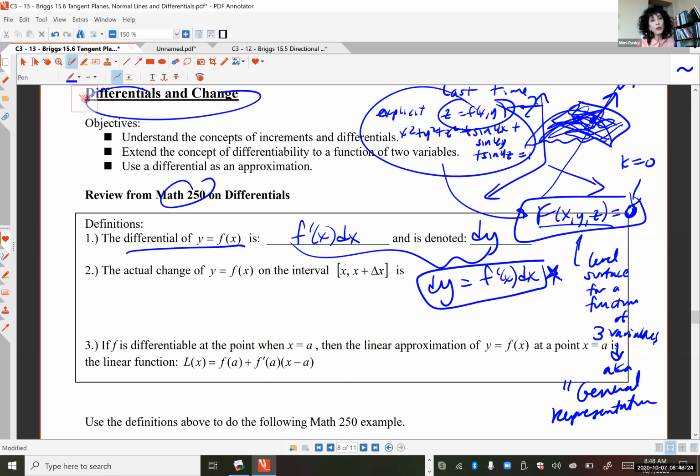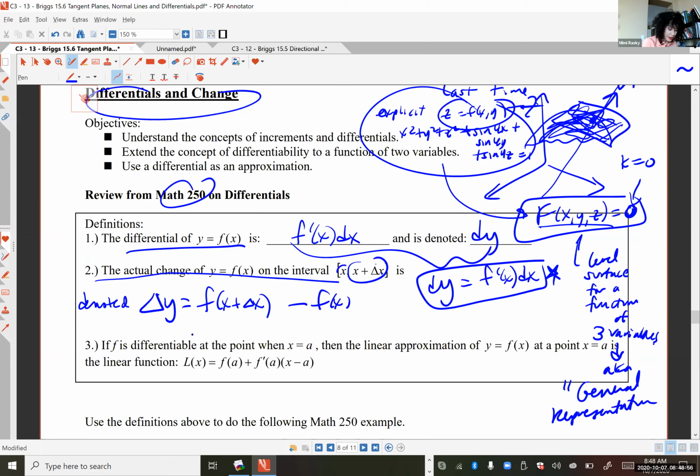Now, what did you use the differential for? You used it to approximate changes in your function. dy is like delta y, the change of the y coordinates of your function. And it was a good approximation, because when you compared it to the actual change, which is denoted delta y, it is simply the function evaluated at, if you're looking at your interval, the rightmost endpoint, minus the function evaluated at your leftmost endpoint.